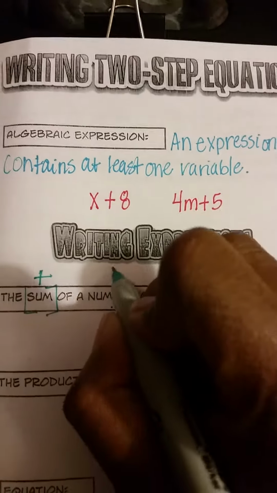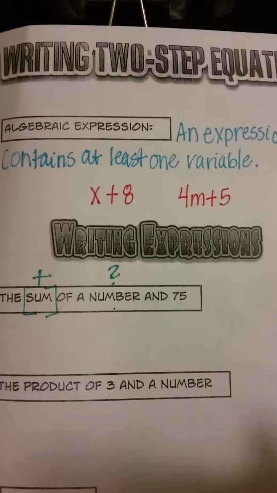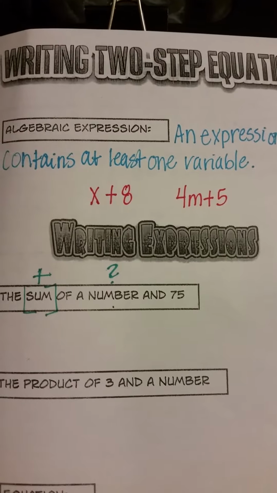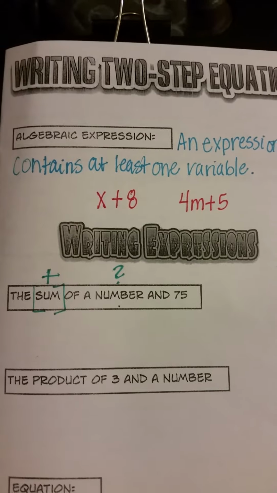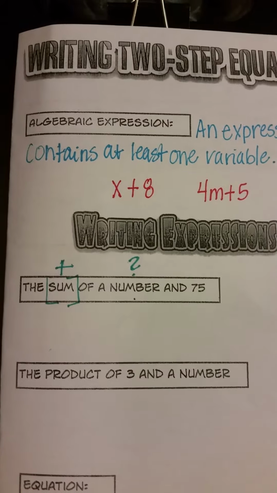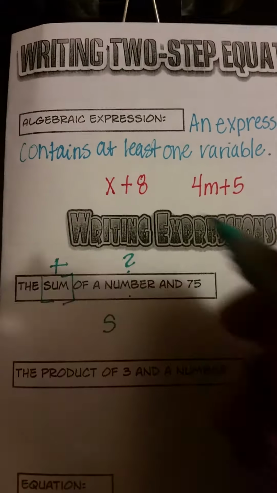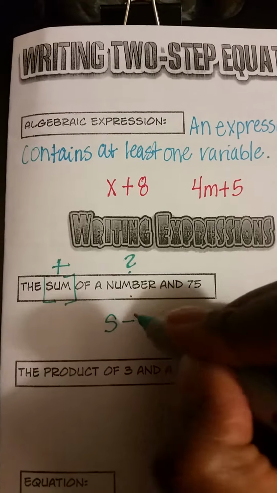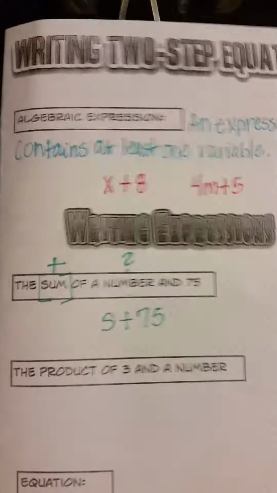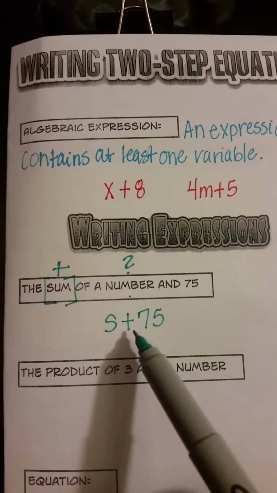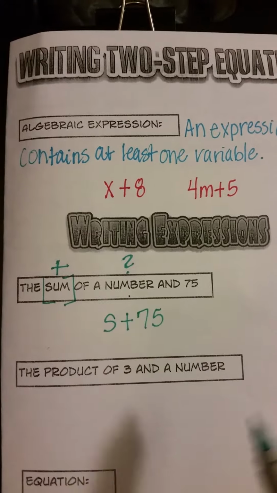Normally, whenever we use a variable, we always use x, but it doesn't necessarily have to be x. In this situation, I'm going to use the letter S. So the sum of a number, a number that we don't know, we replace with the variable. The sum of a number and 75. So we're adding.